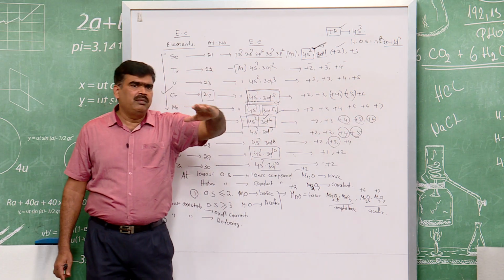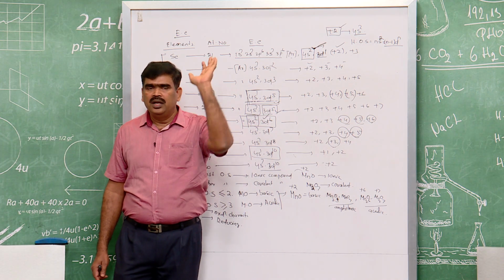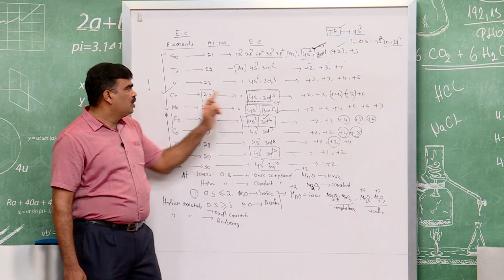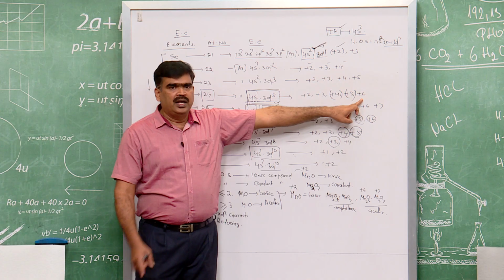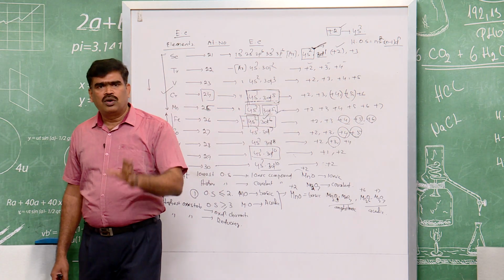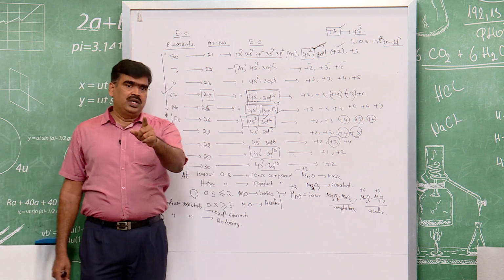Both in acid medium, in alkali medium, and in neutral medium, you have already read it in your first year class. Similarly, chromium shows the maximum oxidation state of +6, hence potassium dichromate and chromic acid are all very good strong oxidizing agents. And at lower oxidation state, they show reducing character.